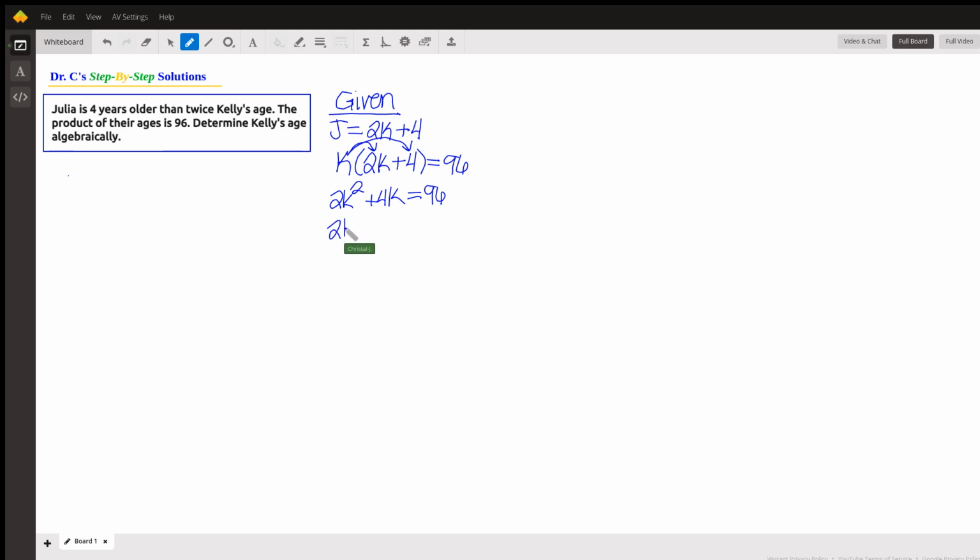So that would give us 2K squared plus 4K minus 96 equals 0. All of these look like they're divisible by 2. So let's divide everything by 2.